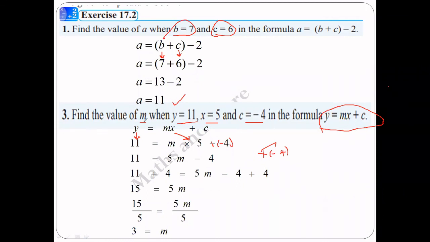We want to get the value of m. To remove this minus 4, put plus 4 to both left and right. Now cancel out minus 4 with this plus 4.